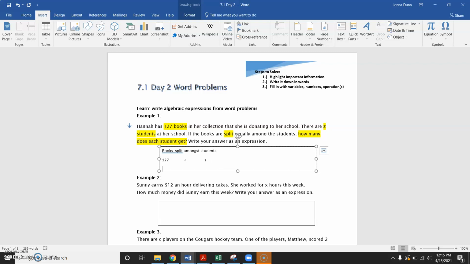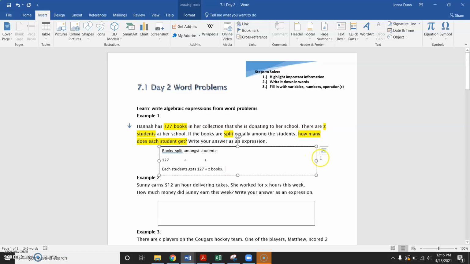We are going to go ahead and answer in a sentence though. It says, how many does each student get? Each student gets 127 divided by Z books.